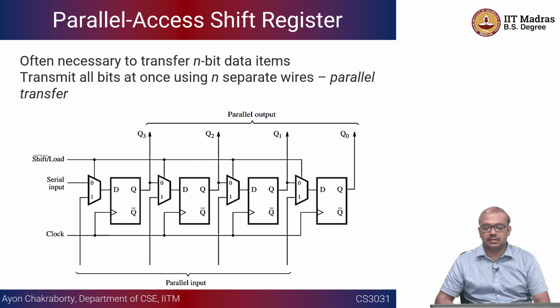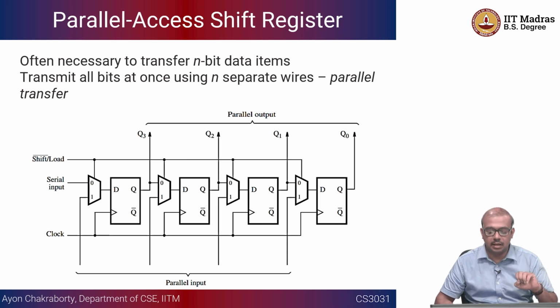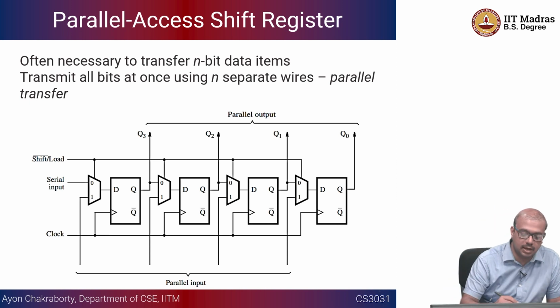This is one mode of operation using serial data. The other one is something called a parallel access shift register, that is also useful, where I don't want to load the data into the shift register using a serial input. Rather than that, I want to apply data parallelly to all the shift registers simultaneously, right? So here you want to put the data, right?